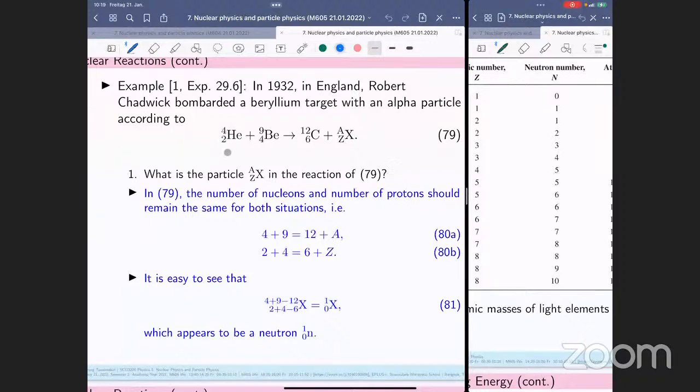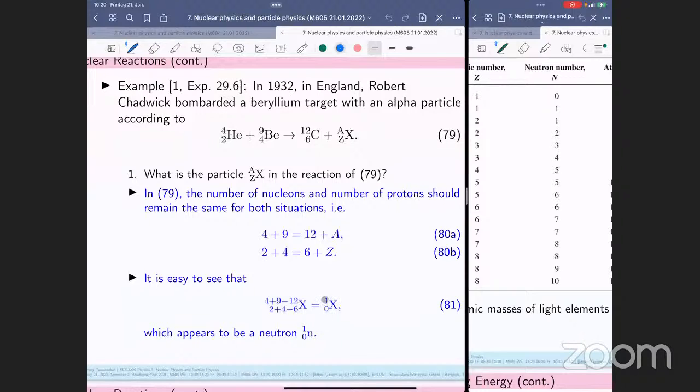We have here on the left-hand side, the input side, 2 plus 4, and on the right-hand side, we have 6 plus Z. We're going to solve these two equations with two variables, which is quite simple, right? 4 plus 9 is 13, and 13 minus 12 is going to be 1. And 2 plus 4 becomes 6, and 6 minus 6 is 0. So we end up with the particle X with A equal 1 and Z equal 0.